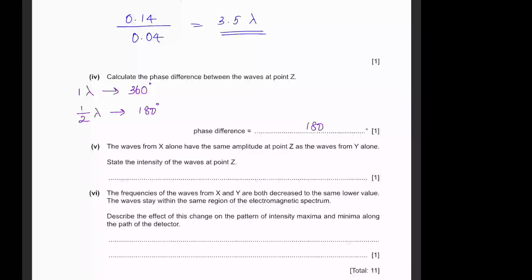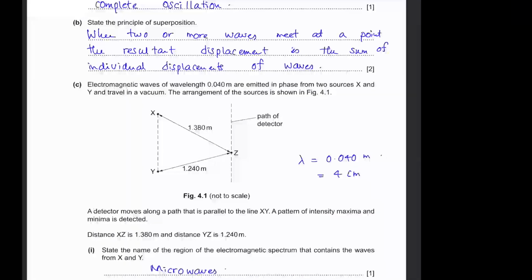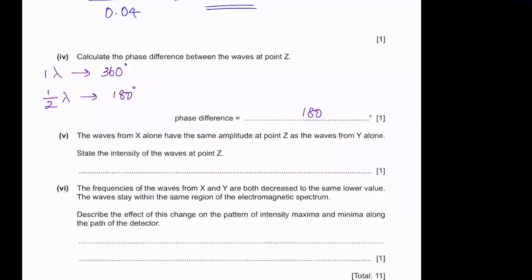The waves from X alone have the same amplitude at point Z as the waves from Y alone. So at point Z, the amplitude of the wave from X and the amplitude of the wave from Y are the same. State the intensity of the waves at point Z. What will be the intensity? 0.